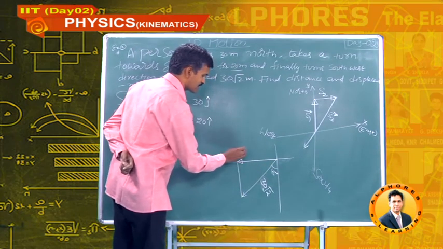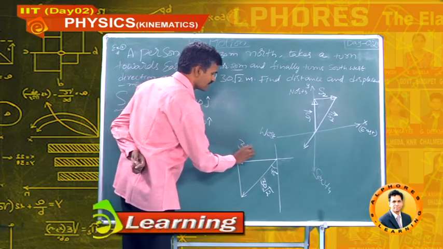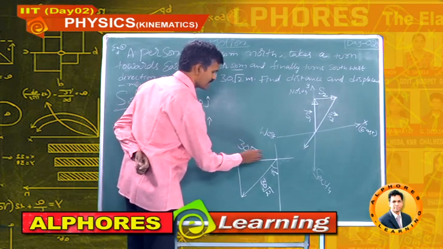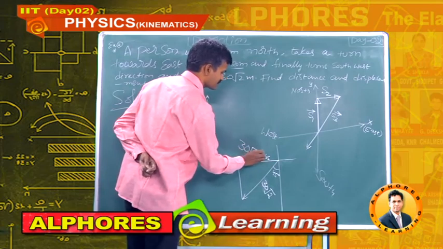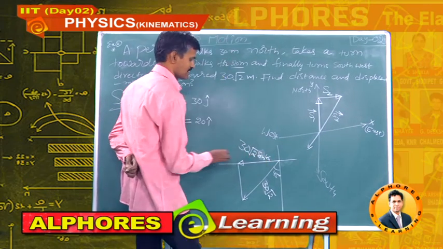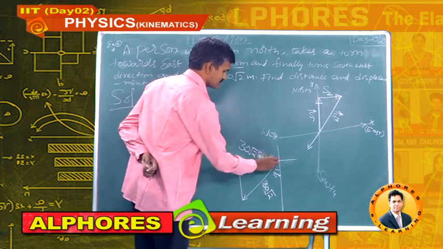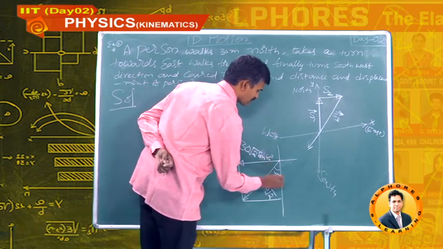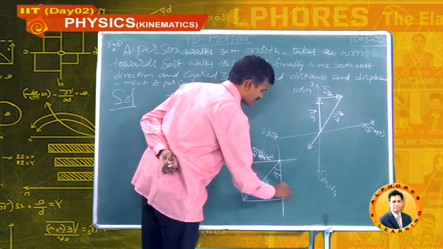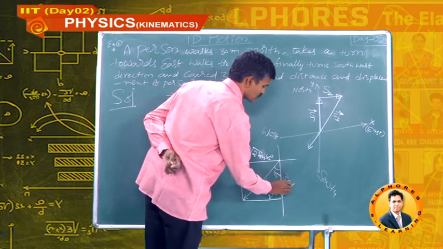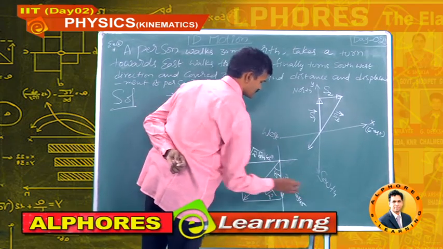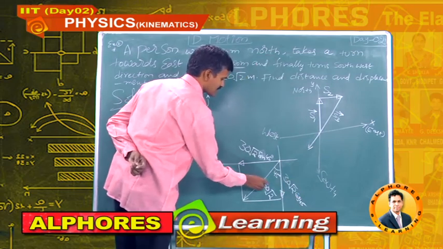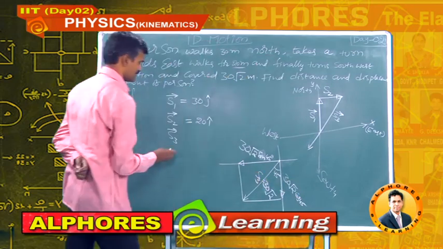This component is 30 root 2 meters into sin 45, whereas the y direction component is 30 root 2 cos 45. Now, write the displacement vector S3.